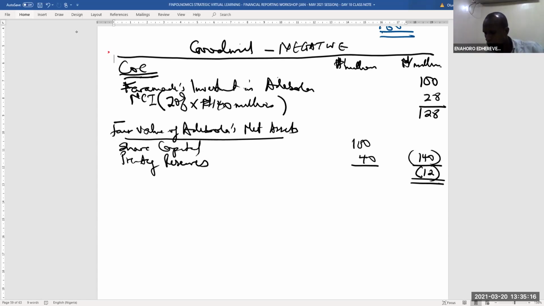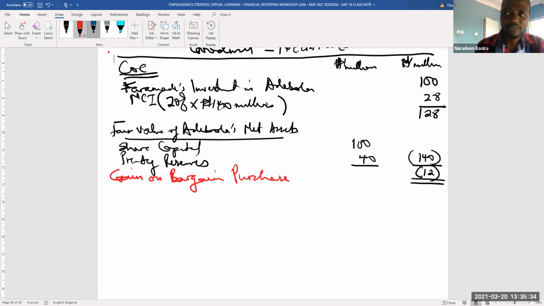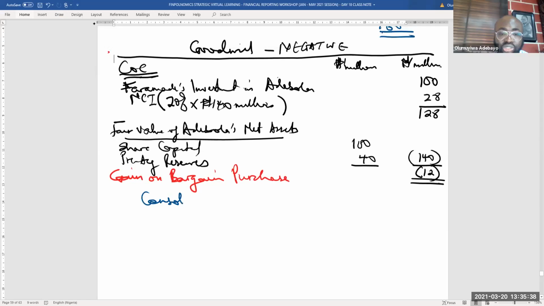I believe the treatment we give to gain on bargain purchase is to move it to. Okay, first you treat it as gain on bargain purchase. And how do you now recognize gain on bargain purchase? We treat it as a reserve for the parents. Okay, now you show us where we are going to treat it as a reserve for the parents.